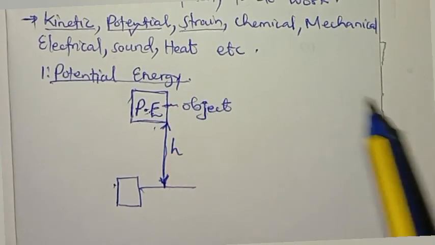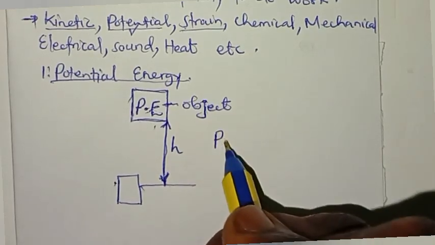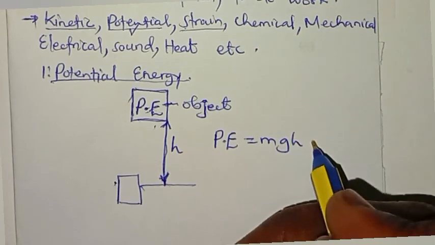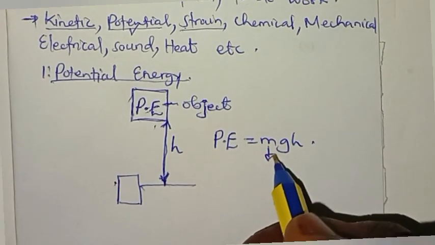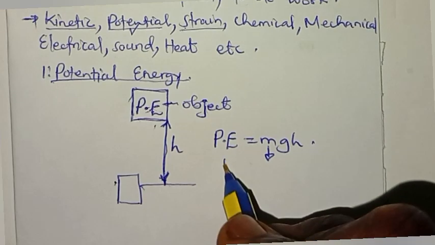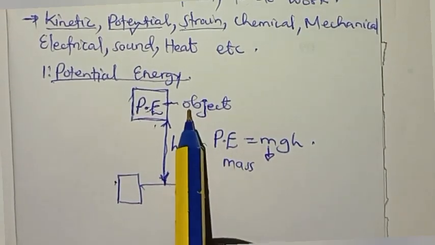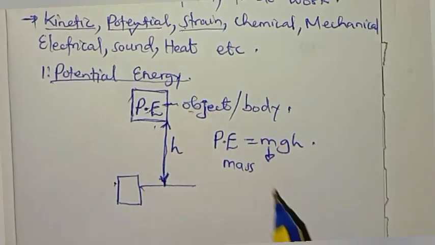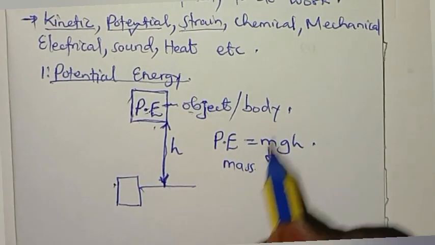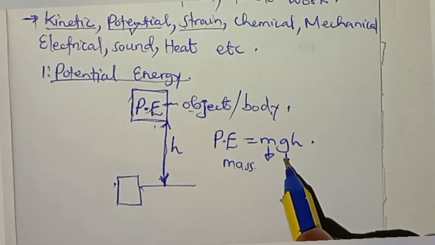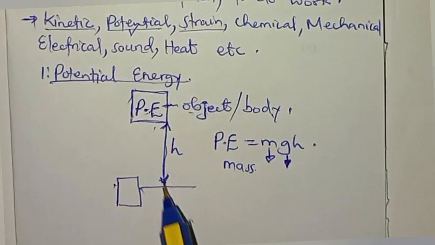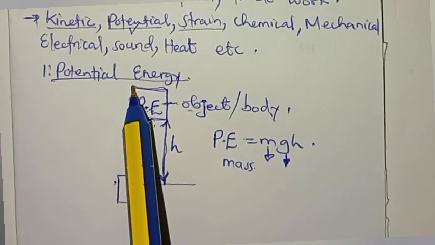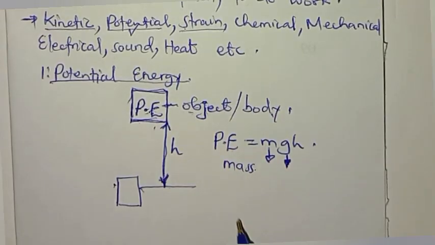So potential energy is always given by this formula, mgh, where m is the mass of the body, or here the mass of this object, and this object is our body. Then g is the gravitational pull. You can see this body is at this point, and remember it is on the surface of the earth.